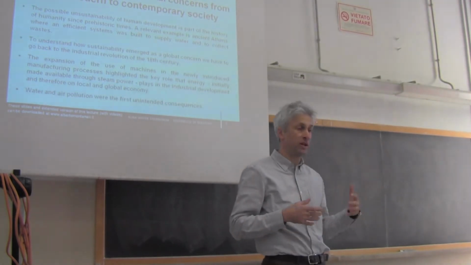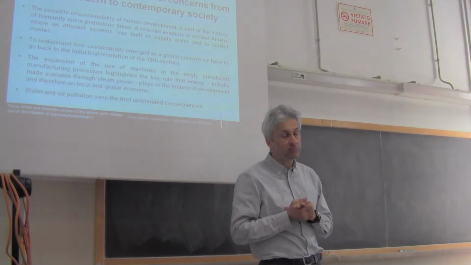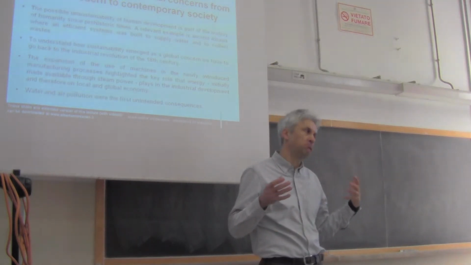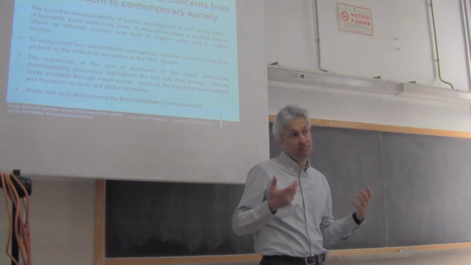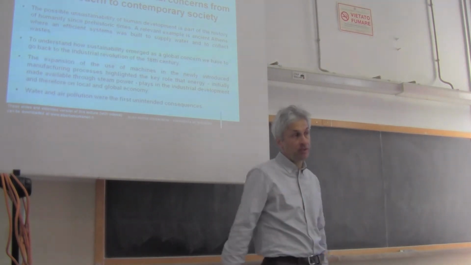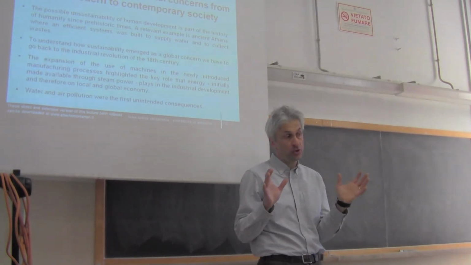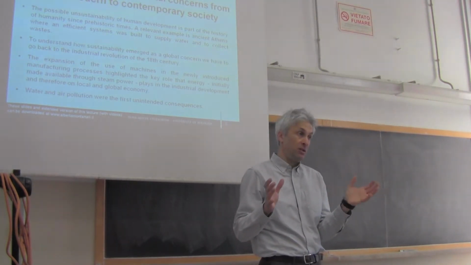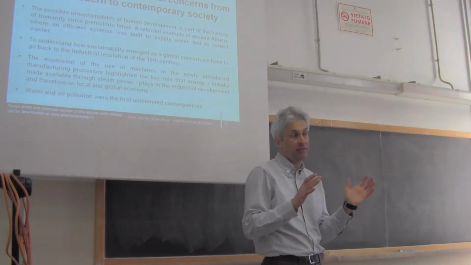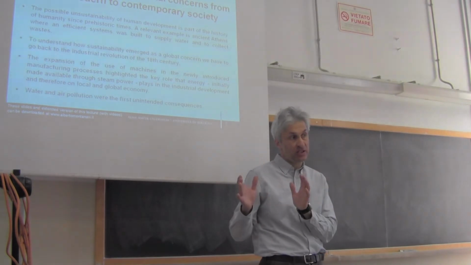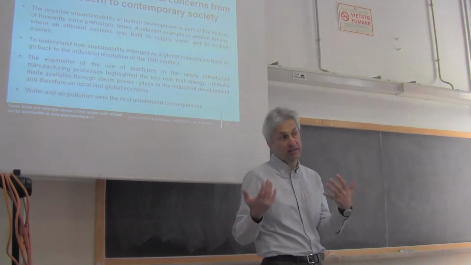When was the time when people really started getting concerned that the development may be not sustainable? It was just after the Industrial Revolution. The Industrial Revolution took place between, some people say, 1750 and the end of the 19th century, up to 1890, 1900.